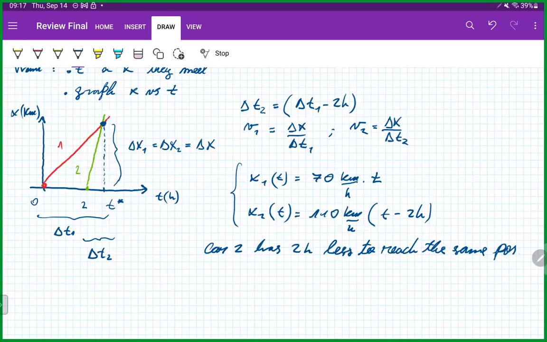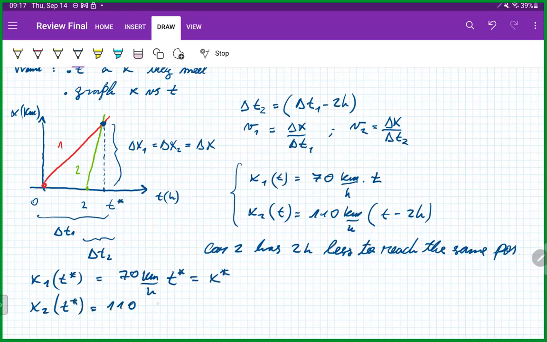All right. What we can do here is say we need the same position at time t star. So x1 at t star equals 70 kilometers per hour times t star, which equals x star, and x2 at t star, which is 110 times t star minus 2 hours, equals x star.